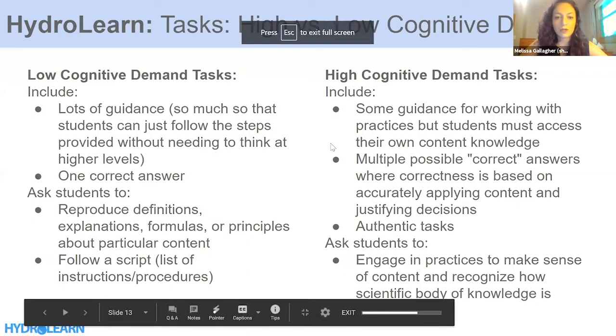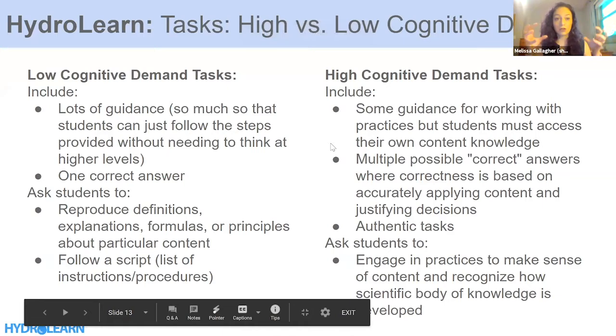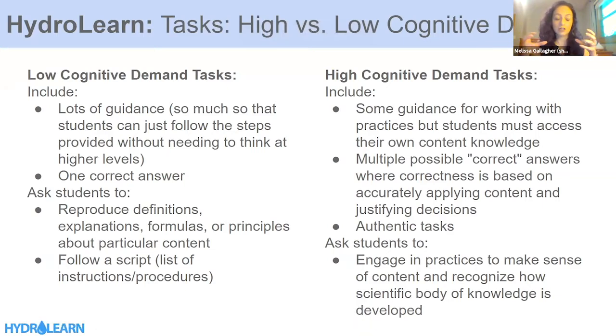That's strongly related to constructive alignment: what are we looking for, and how will we know if students are exhibiting this learning objective, what will they be doing? And that will help us think about the cognitive demand of tasks.